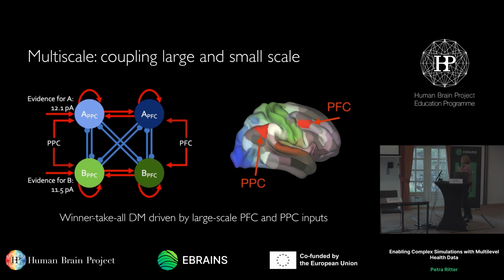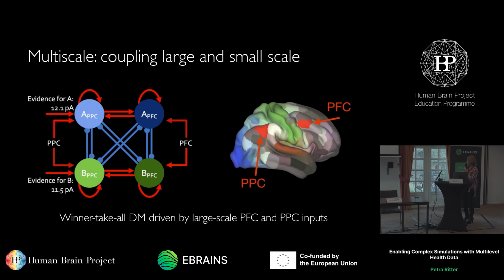So now we have looked into all these details, and now we can bring it all together. We can use a circuit model that is capable of decision making and working memory in the full brain network model that we have tuned according to the functional connectivity of the individual subjects, that reproduces the functional connectivity of the subjects, and with this has varying input correlations and input amplitudes.